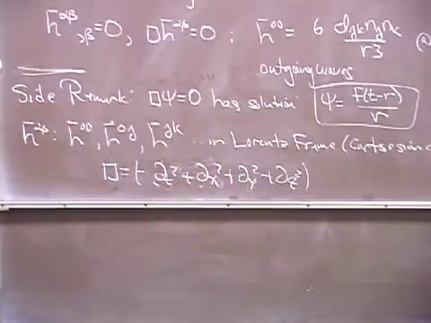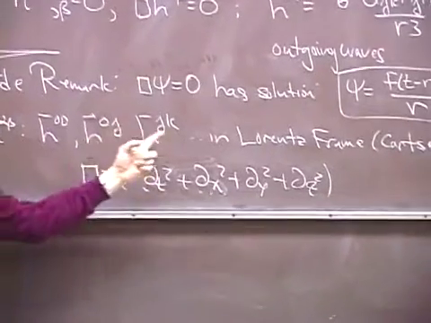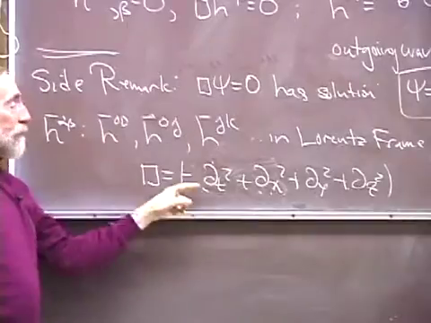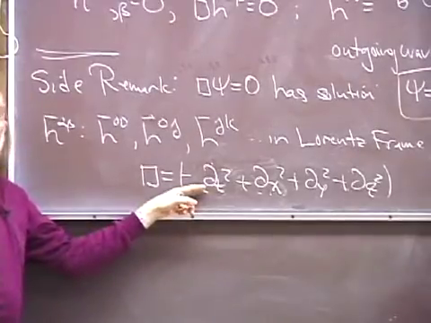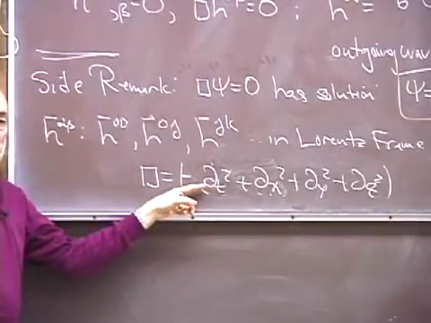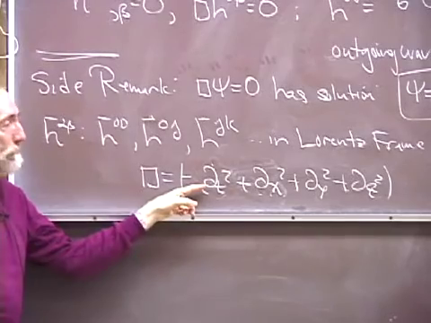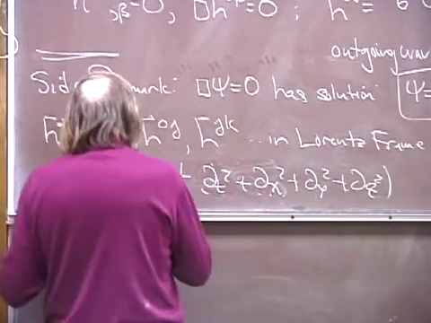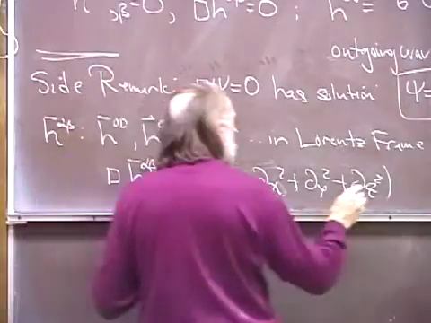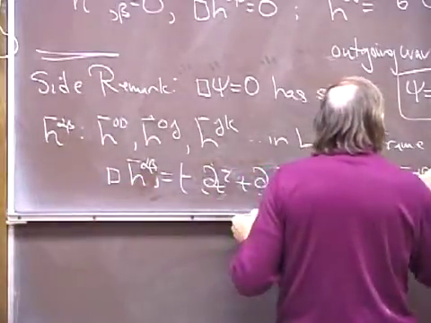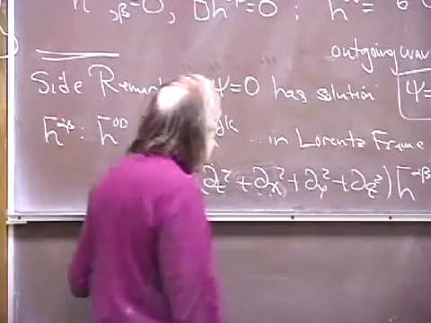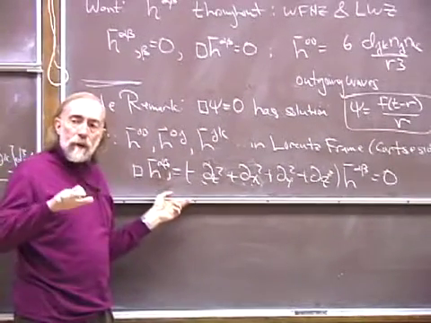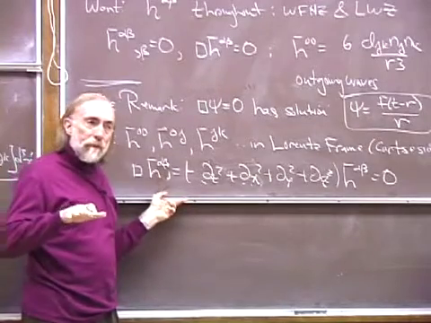In other words, in Cartesian coordinates of a Lorentz frame, the components of h bar satisfy a scalar wave equation one by one, and there's no coupling between them. So this acting on h bar alpha beta is equal to 0, just a simple wave equation for each component of the trace-reversed metric perturbation separately.